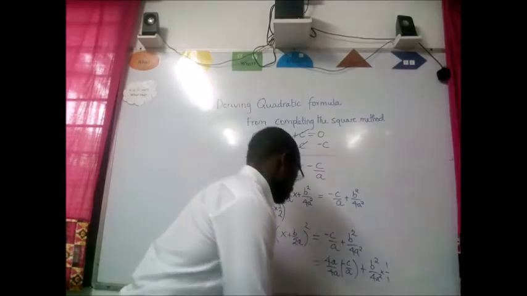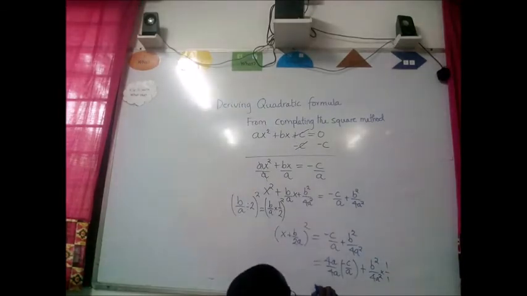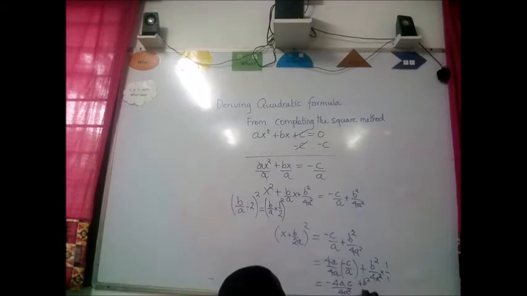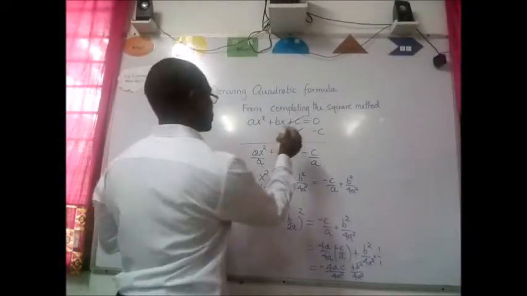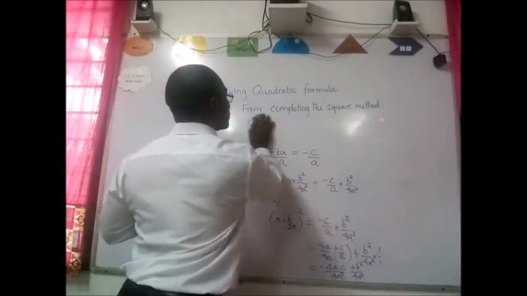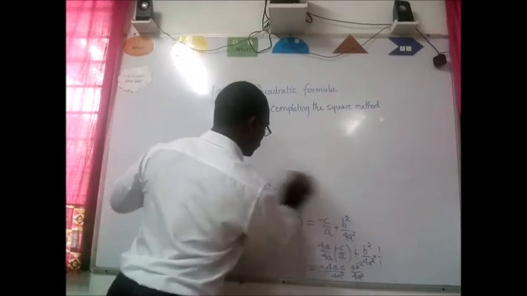So now we are going to amount to 4ac negative plus b squared over 4a squared, because 4a times a is 4a squared, divided by 4a squared. This is what we get. See now, I will rest here to get more room.